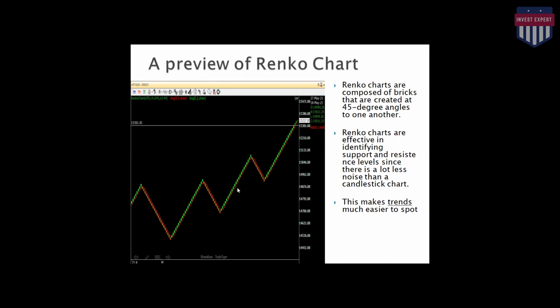It can be one brick which may take a few days to evolve, or a few minutes to evolve, depending on the time frame which we are using, and the direction is clearly indicated when the bricks are arranged at 45 degrees to each other. Okay, so this makes trends much easier to spot. Okay, so that is the importance of the Renko chart.